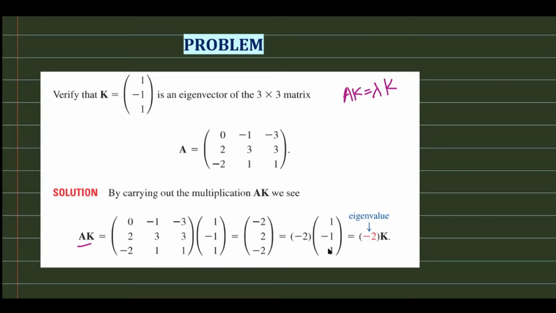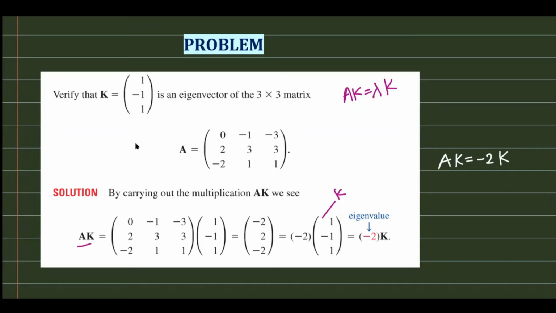Now (1, -1, 1) is our eigenvector K. So we get AK equal to -2K.